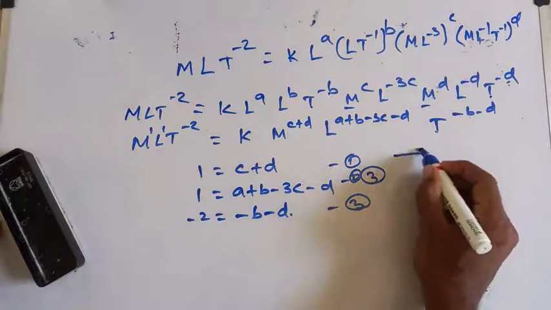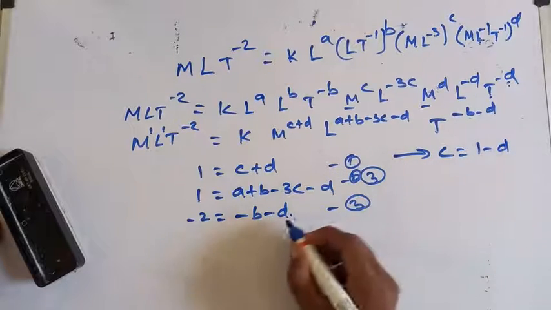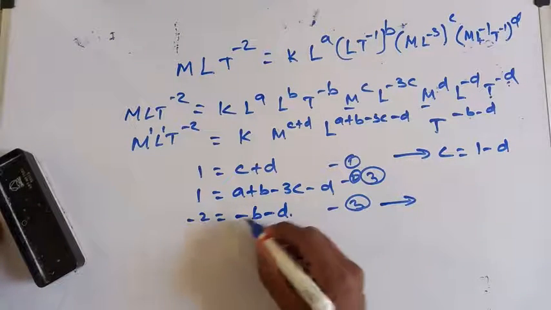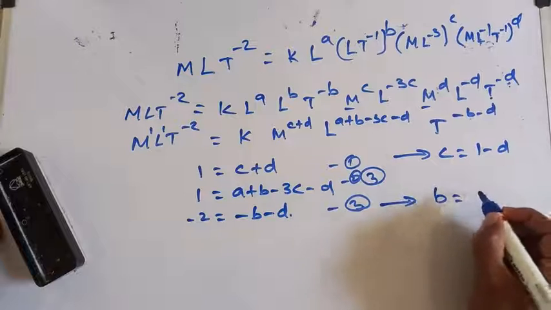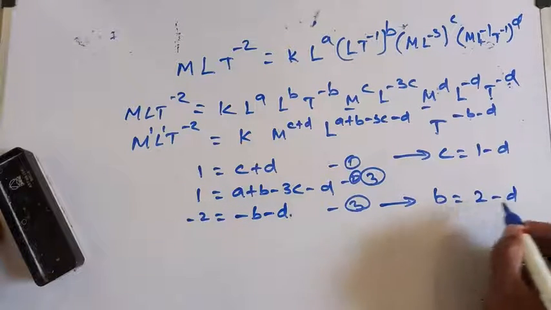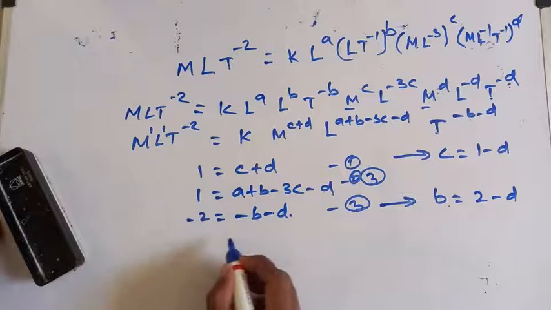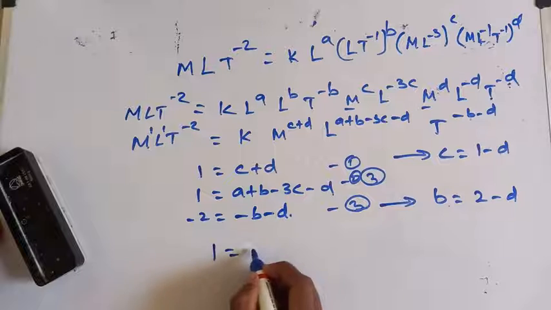For example, I am writing c equal to 1 minus d. Here I am writing b is equal to, I am taking b to this side, so 2 minus d. If I know a and c, if I substitute here in the second equation, I will get 1 is equal to a.